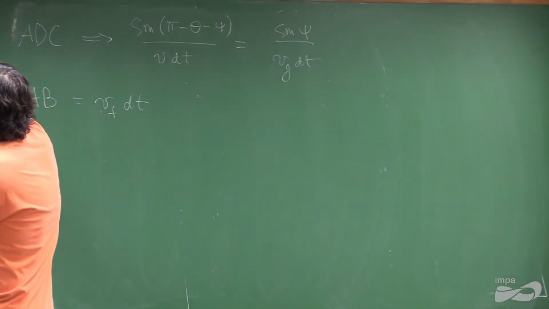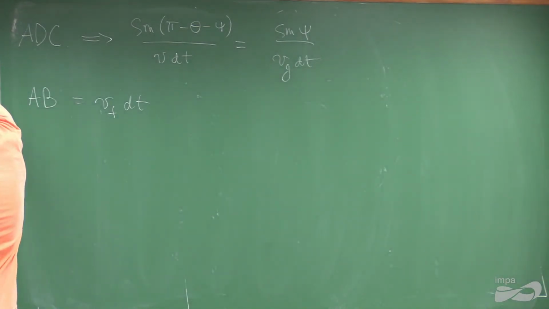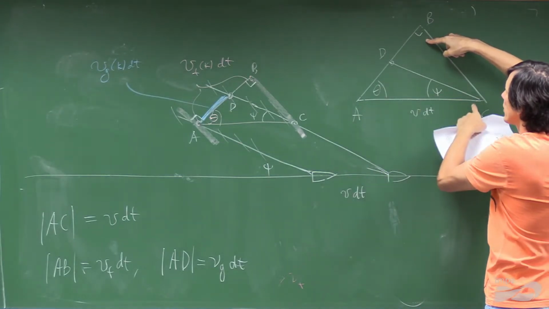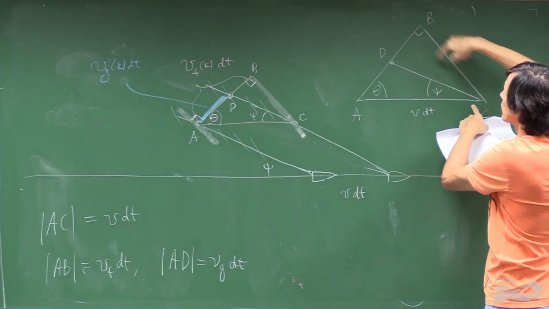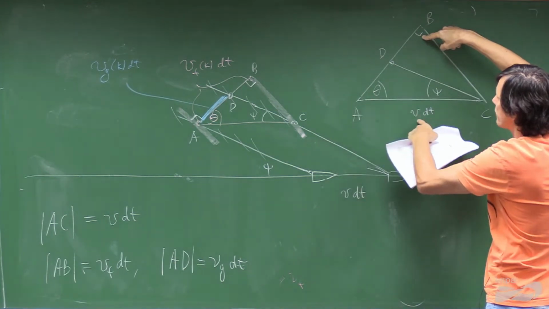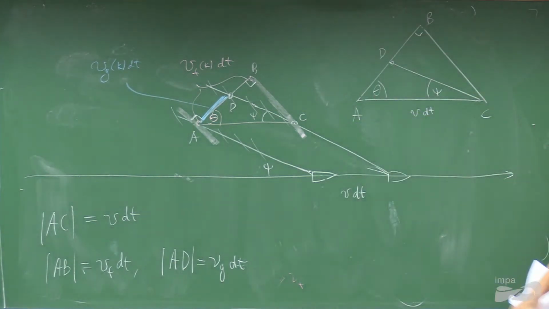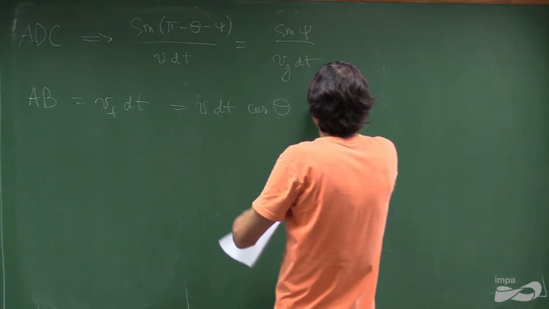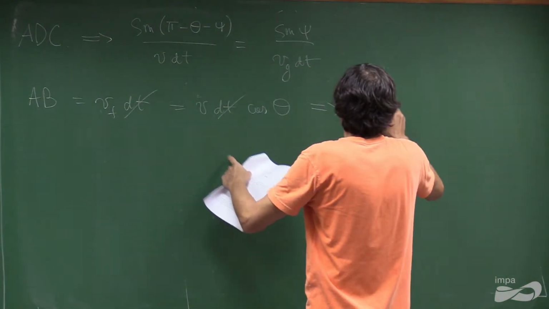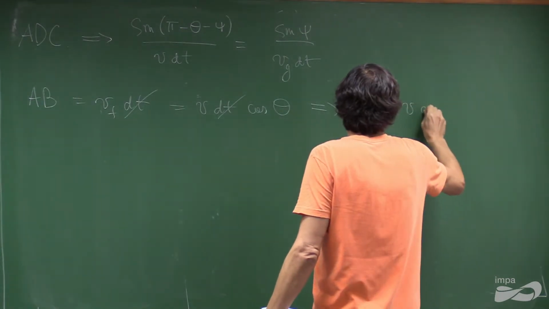And also we can compute it as this side of the triangle. Since this angle is 90 degrees, we can find AB as V cosine theta. So dt cancels, and you get Vf equal to V cosine theta.